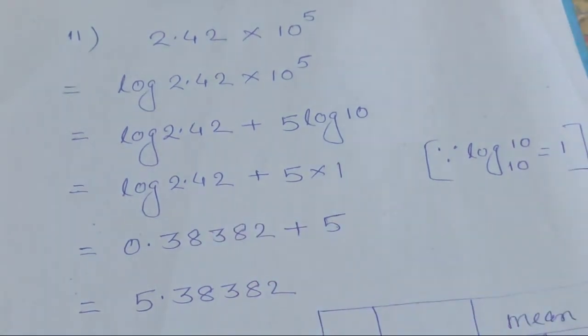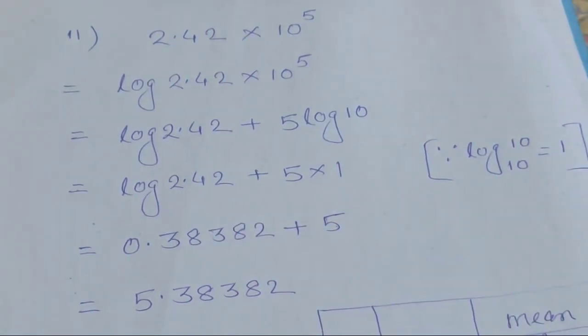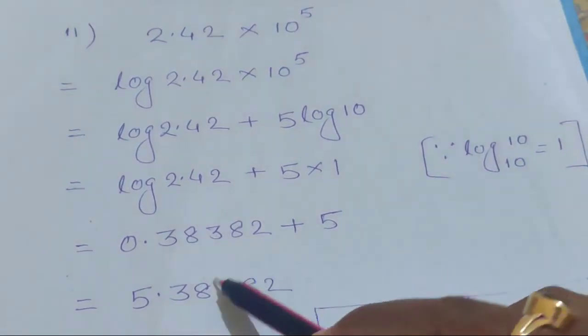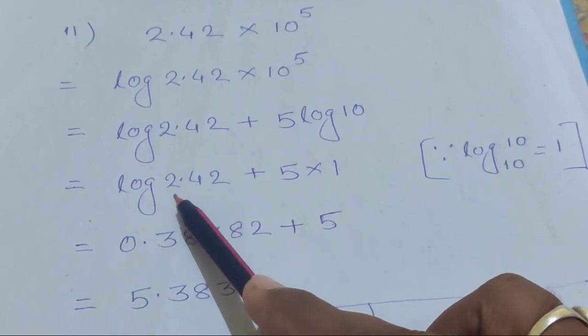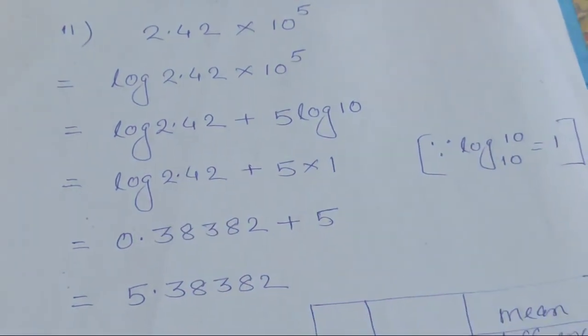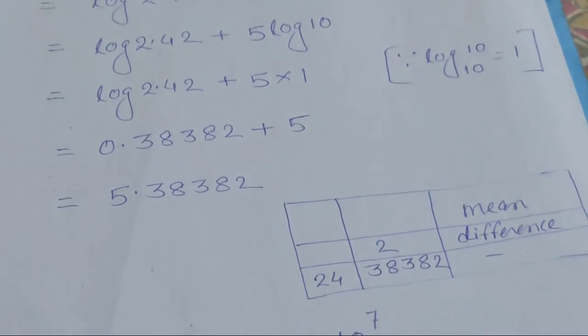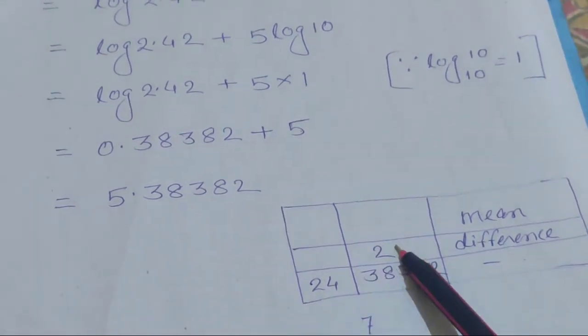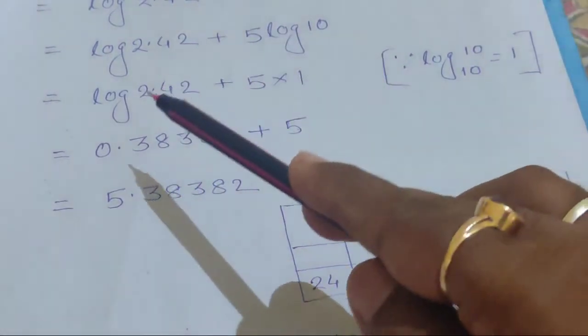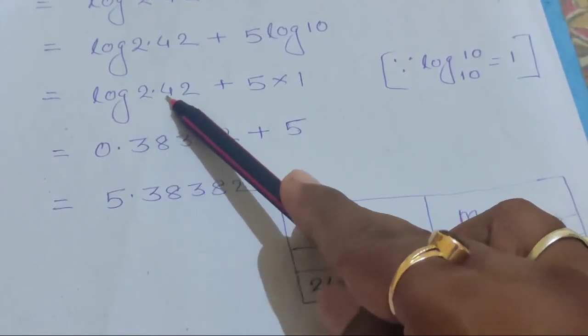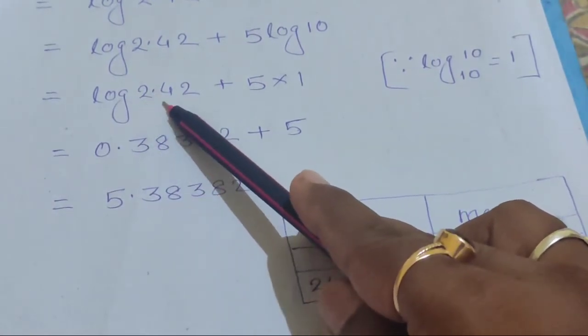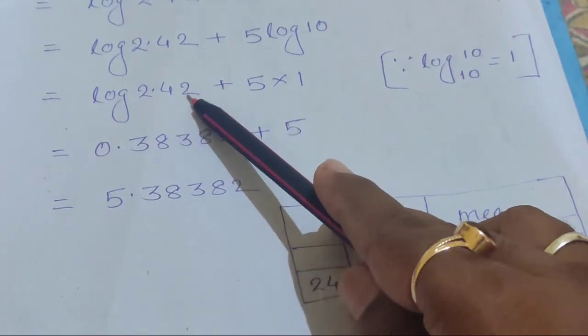Now we should see the table. Since the number is 24, in the vertical column we look at 24, and in the horizontal column at 2, and see what value is given. This is very important: from the left side we take the two-digit number, 24, and then the next digit is 2.